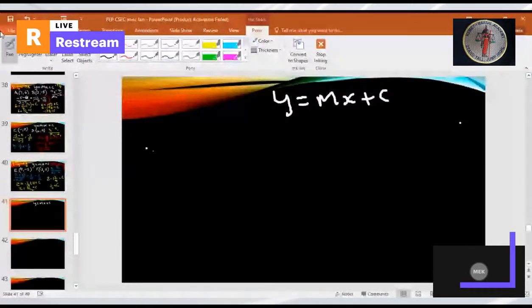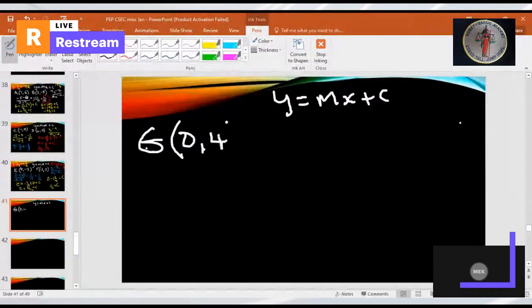Point G, which is (0, 4), and point H, (7, 0). I want you to tell me what is the equation of this line where these two points fall along the line. What is the equation of the line?